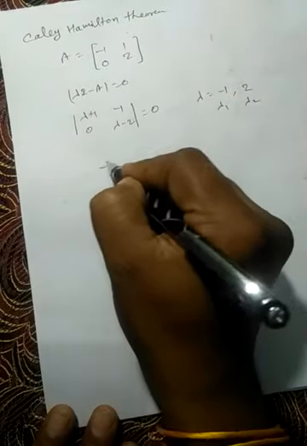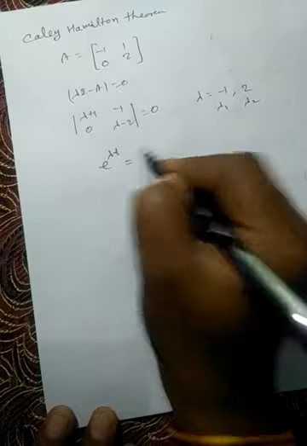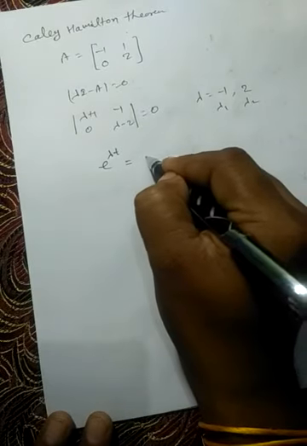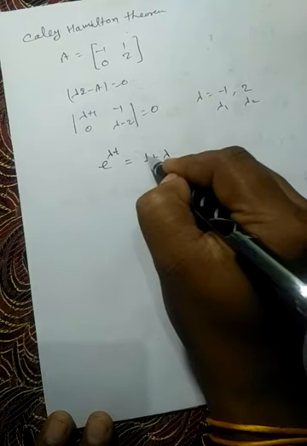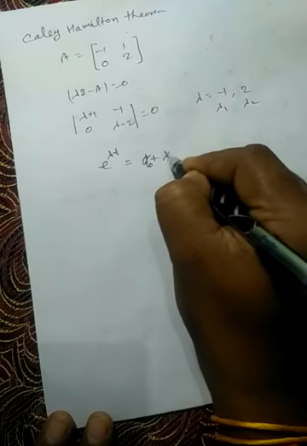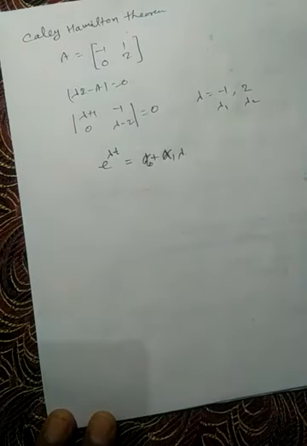e raised to lambda t will be alpha naught plus alpha 1 lambda.